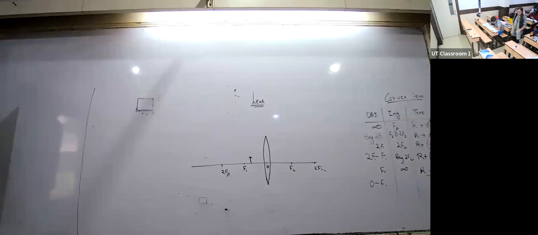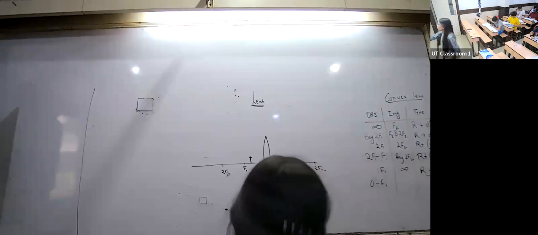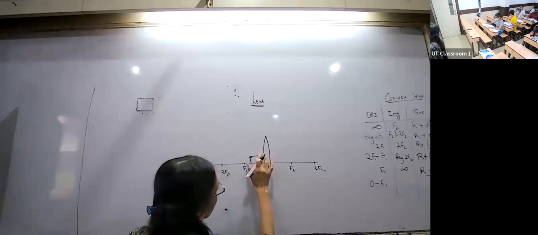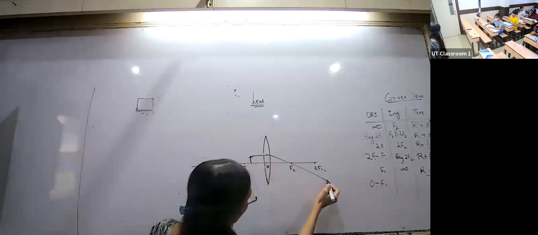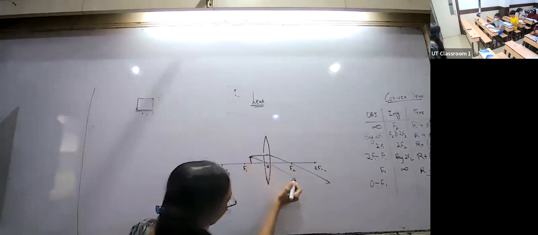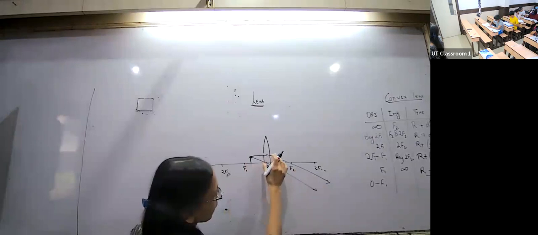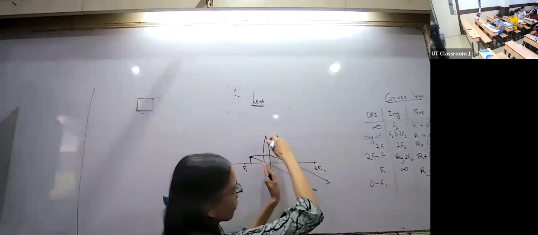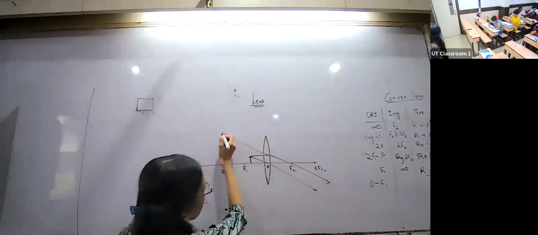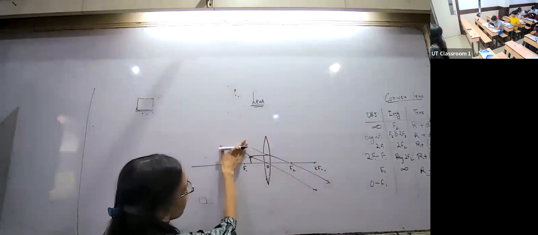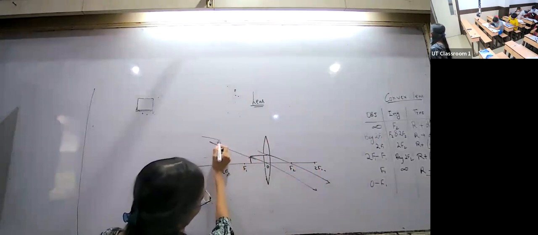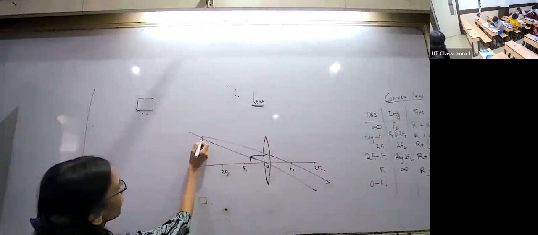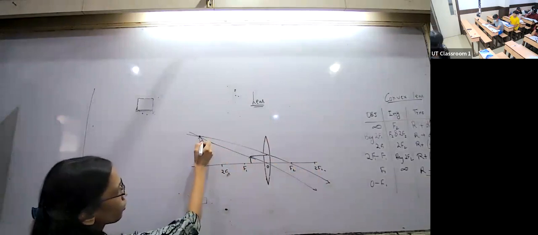So in this case, what is going to happen is when it is parallel, it will pass through focus, and the other one will pass through optical center. And in my diagram, it does look parallel, but it will be slightly diverging. और आप जब पीछे वो extend करोगे, it will meet certainly somewhere, and you have to draw the image over there.